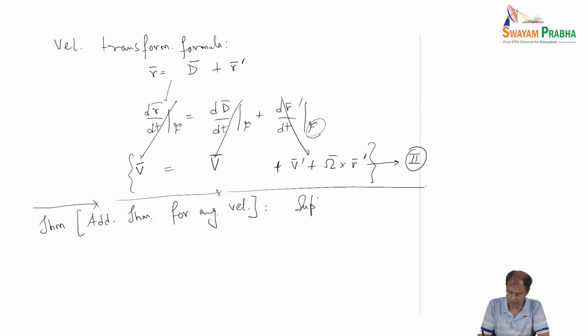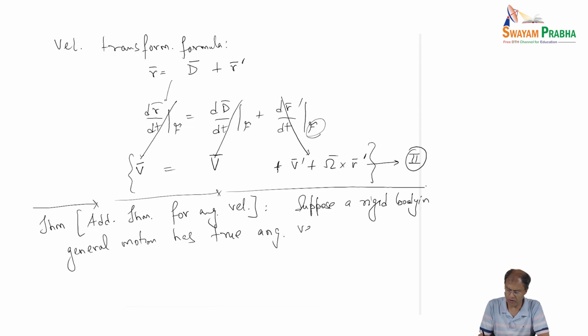Addition theorem for angular velocity. Suppose a rigid body in general motion has true angular velocity omega and apparent angular velocity omega prime. Then my omega is omega plus omega prime.